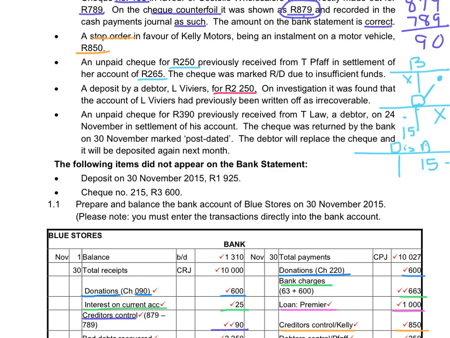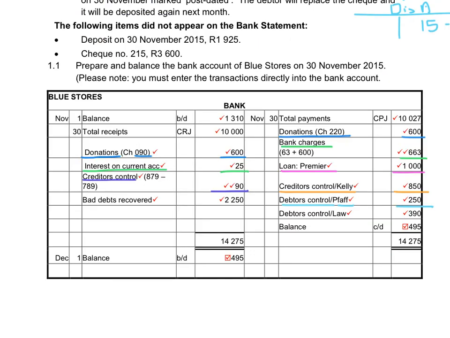If we recover this money afterwards, we have to show that this is an income for the business, so bad debts recovered will be credited. The money in the bank will increase on the debit side with 2,250, and bad debts recovered will be credited with 2,250.